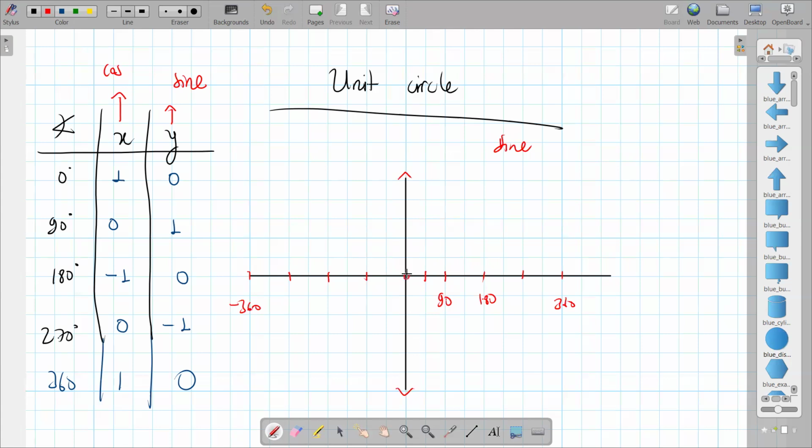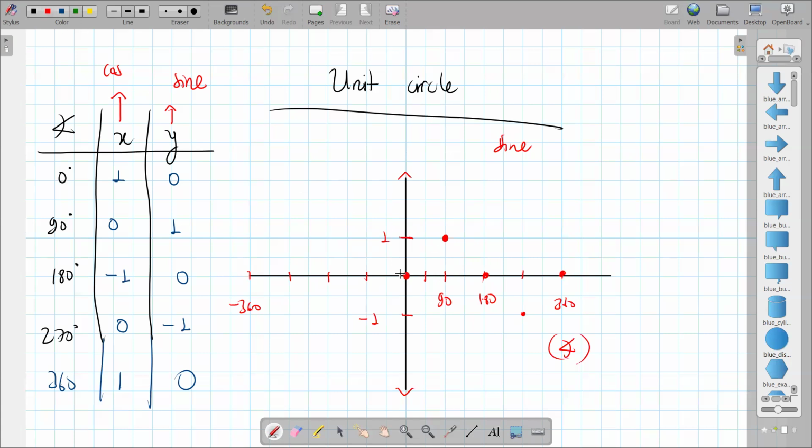So we start at the origin. On the x-axis, remember these are your angles. At 90 degrees, the y value is 1. So let's say this is 1. Let's say this is -1. So at 90 degrees, the y value is 1. At 180, it's 0. At 270, it's -1. And then at 360, it's back to 0.